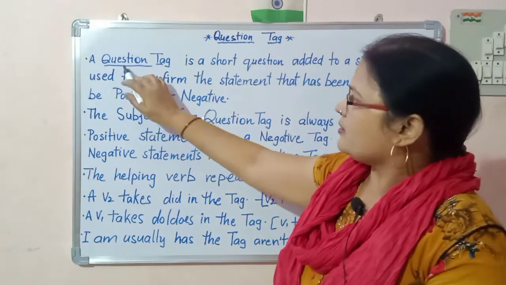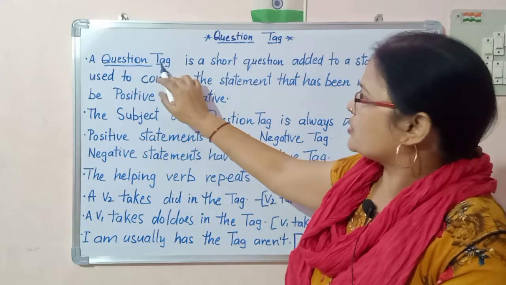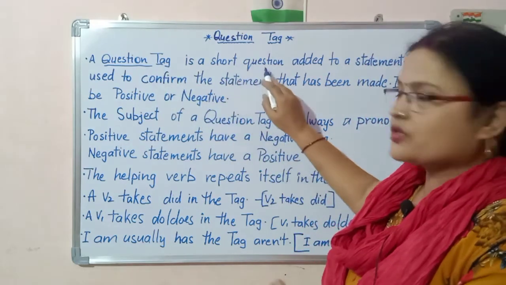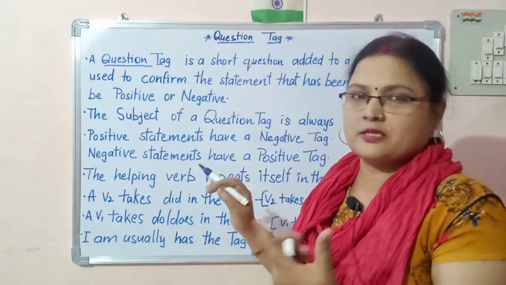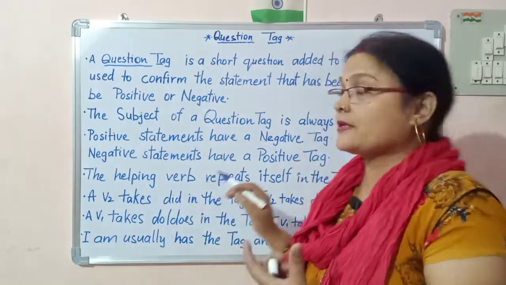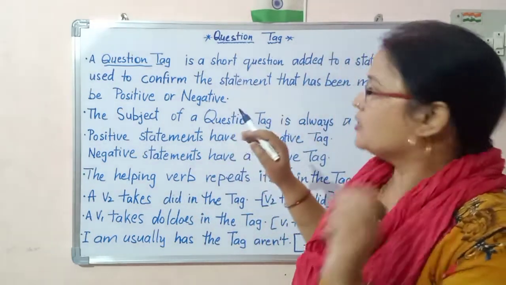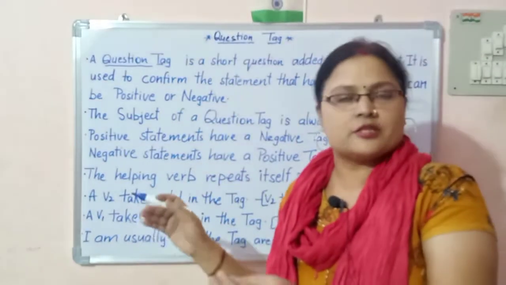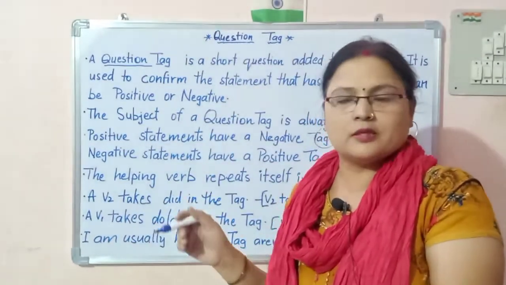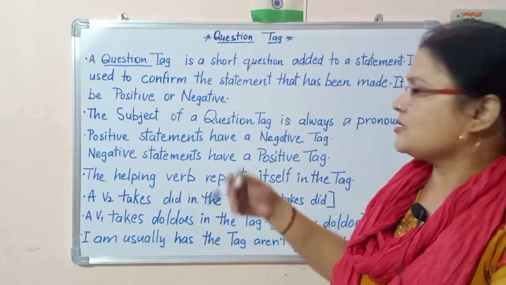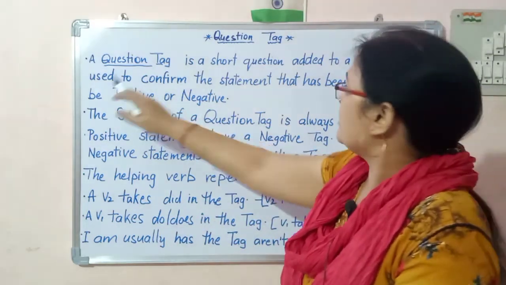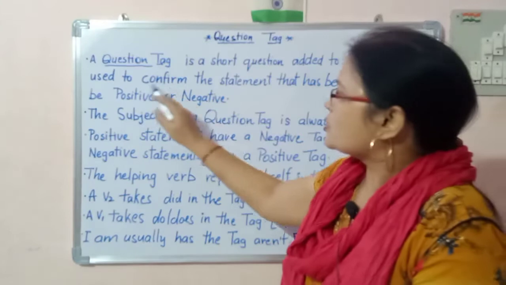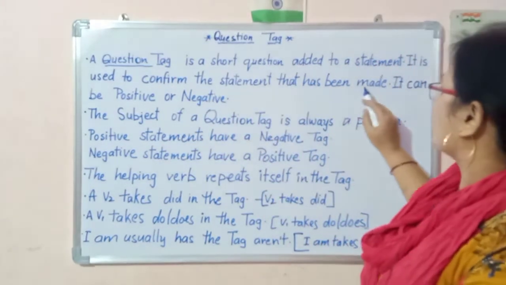A question tag is a short question, a small question. In simple words, it is a small question added to a statement. The statement can be positive or negative. At the end, it is used to confirm the statement that has been made.